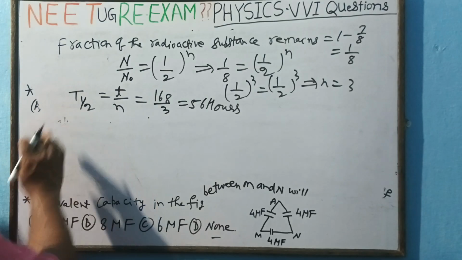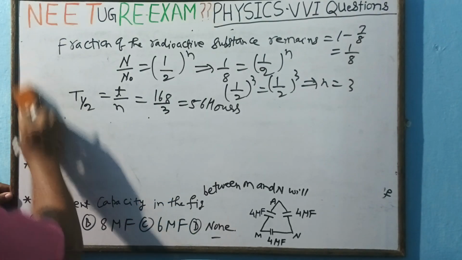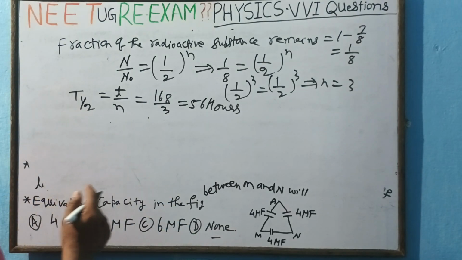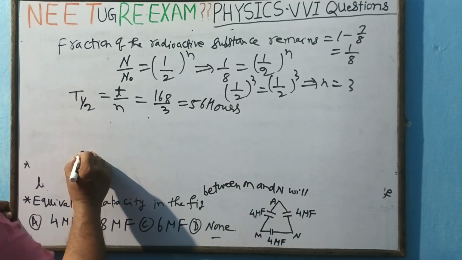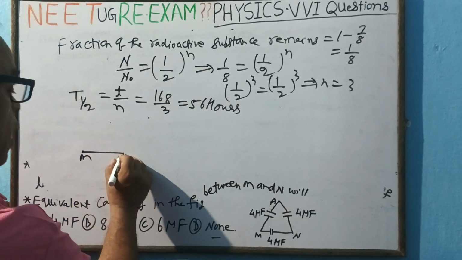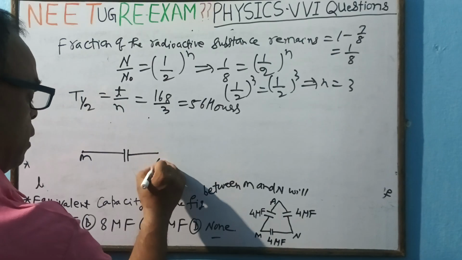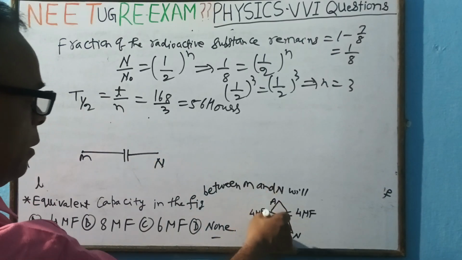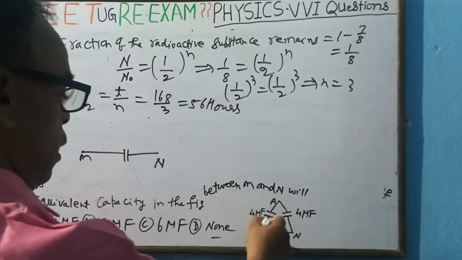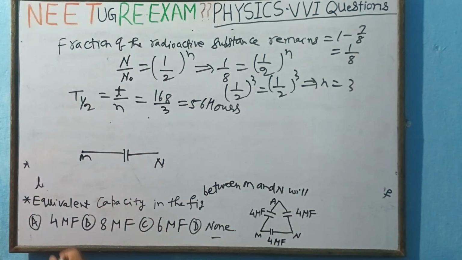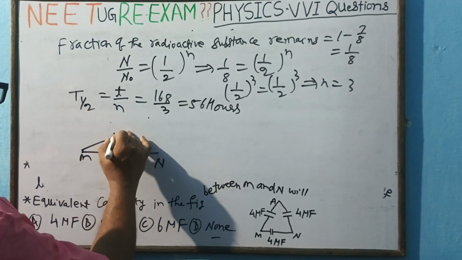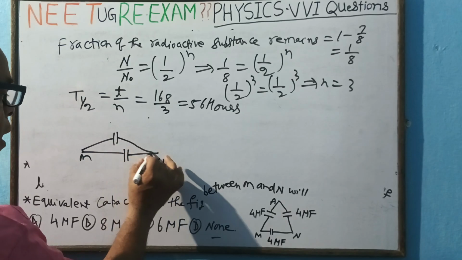This figure can be rearranged in the following way. We have here M and N, and the arc between M and N is in series, which can be written in this way.